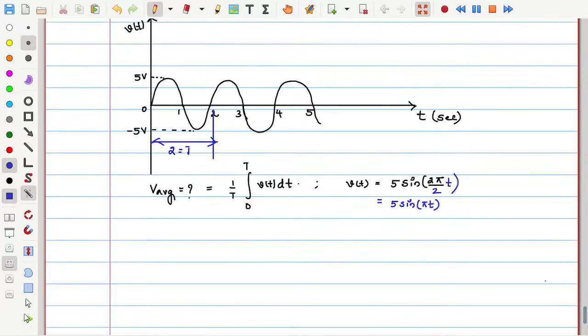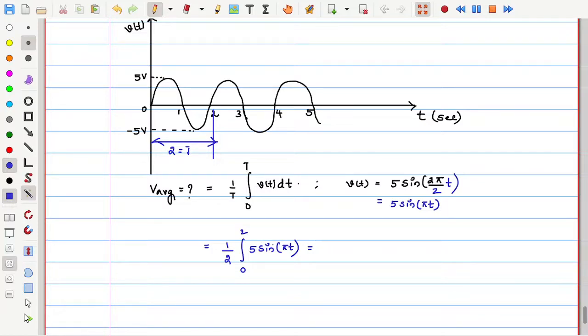Now integrating this, what does it give? Let us see. 1 by 2 integral over 0 to 2 of 5 sine pi t. So check it, how much we will get. Remember, integral of either sine or cosine over one complete period will give 0.